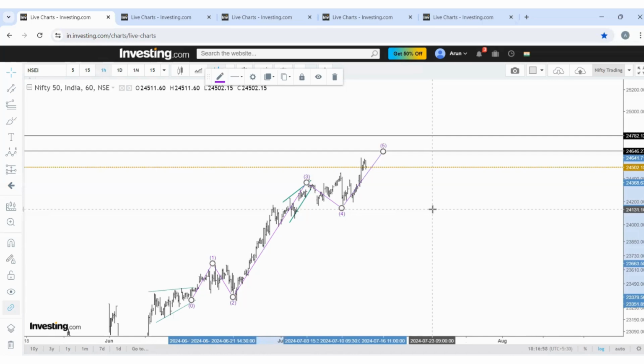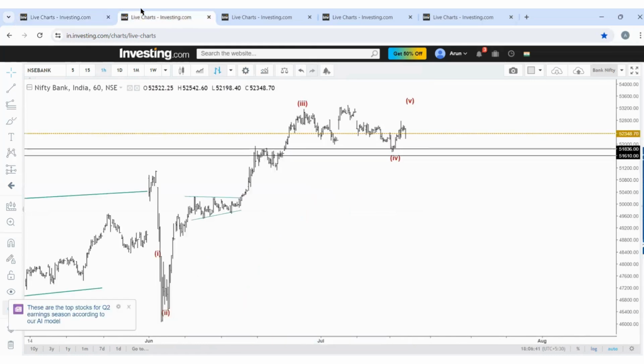But if the price moves higher with fast nature above that channel, of course we need to change the waves, as more upside is possible. So this week I will wait and decide what the price does around this level, 24,650 to 24,750, 780 zone. This is on Nifty.